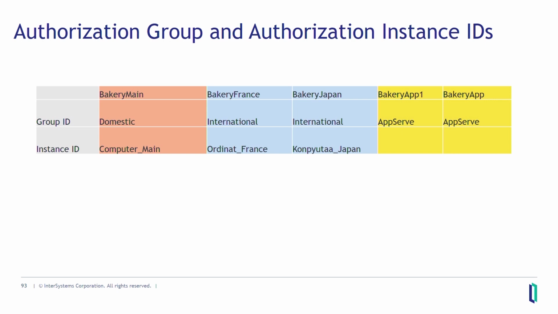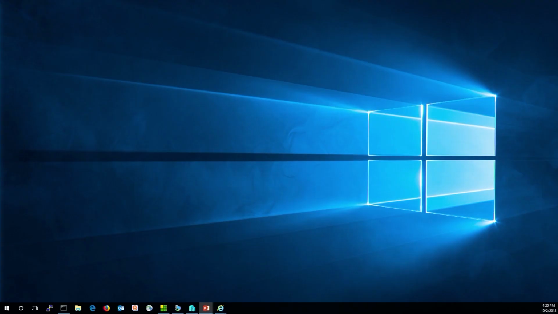Those just mean computer or compute in those languages. For the app servers, we're going to put them in the same group, but I've decided I don't want to give them instance IDs, so they're just not going to have them. I want everything that happens to one to happen to the other, and no ability to configure them separately. So let's have a demo.